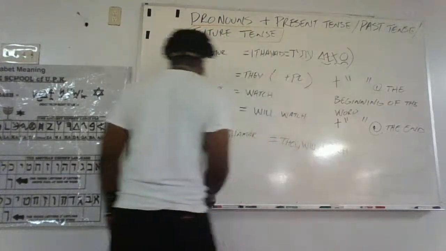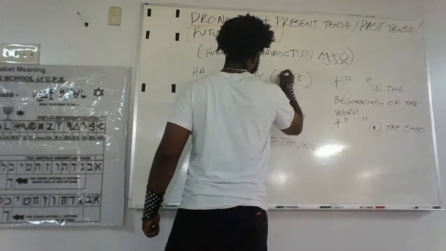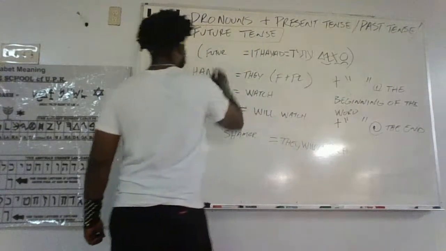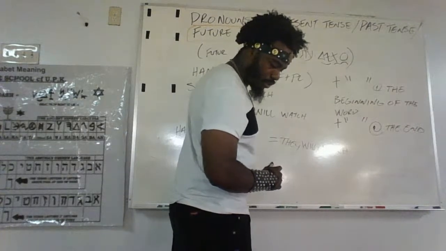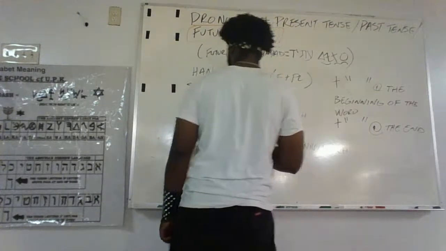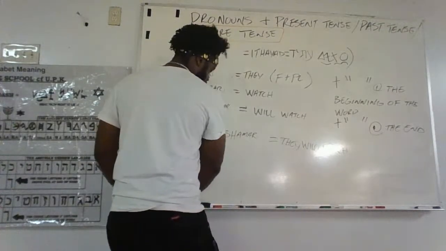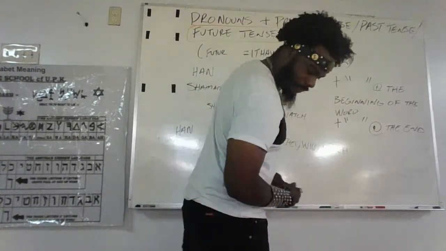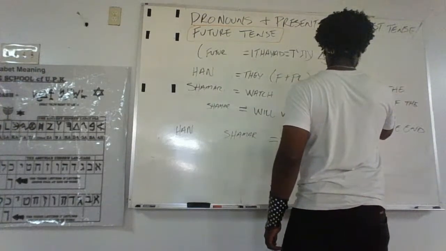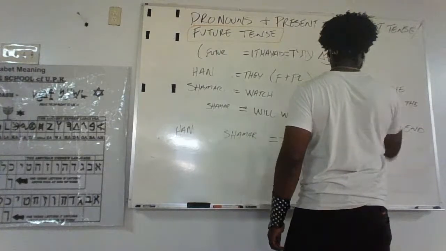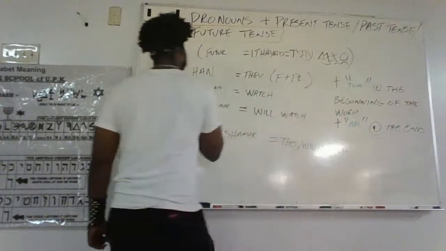All right. So now we're going to talk about they in the feminine plural sense, talking about a group of women, which is hen. All right. You're going to put a tha in the beginning and a na at the end.